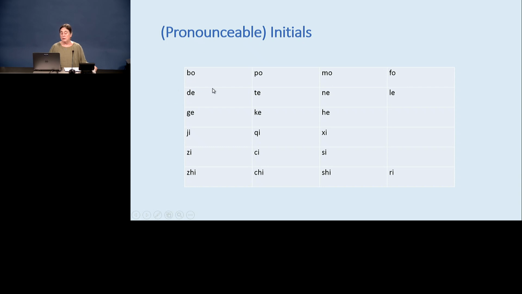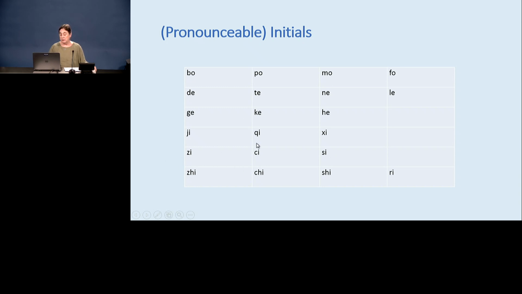Next layer, de, t, n, and l. Here we're at the gutturals. G, k, h. Here we have our palatals. J, chi, and si.